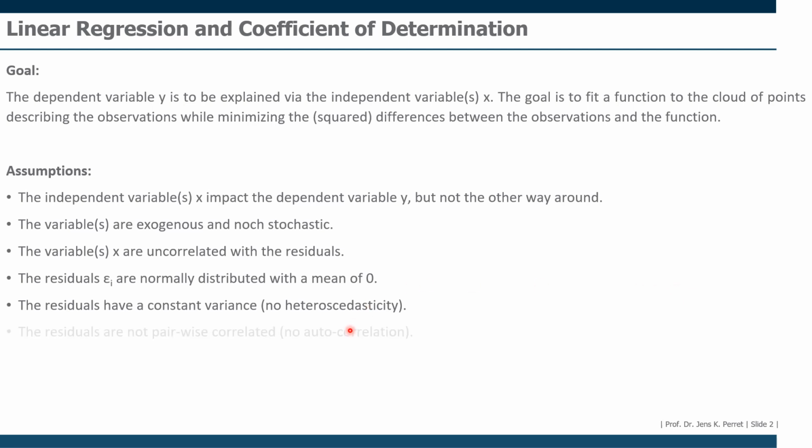Well, we do not want this, and we also do not want the residuals to be pairwise correlated, so we do not want to have any kind of underlying structure as with autocorrelation. Once all of these aspects are fulfilled, we can actually start with the next approach I'm going to propose to actually realize this goal, which is written down up here.